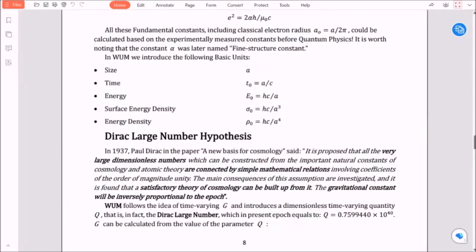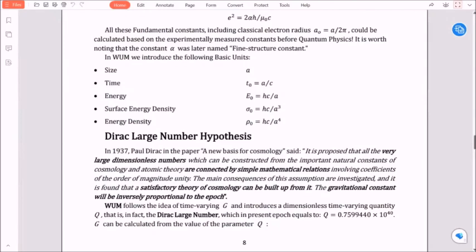The main consequences of this assumption are investigated, and it is found that a satisfactory theory of cosmology can be built up from it. The gravitational constant will be inversely proportional to the epoch."